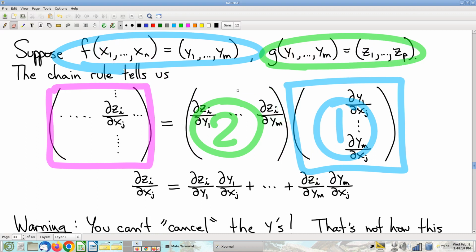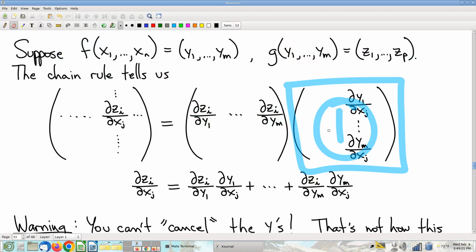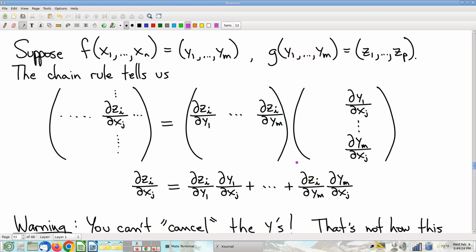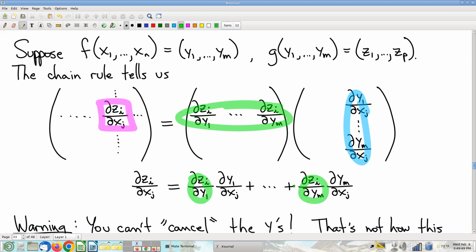What I've done here is written down the elements of these matrices that are needed to compute one individual element of the composition derivative. In order to compute that, I really only need to know one row of this left matrix and one column of this right matrix. The dot product that I do to get that purple entry is the green entries multiplied correspondingly by these blue entries.